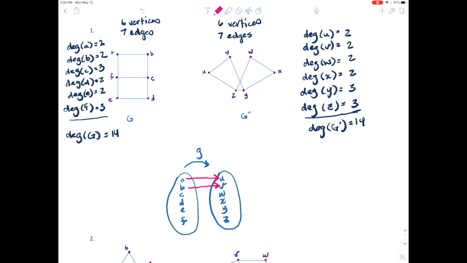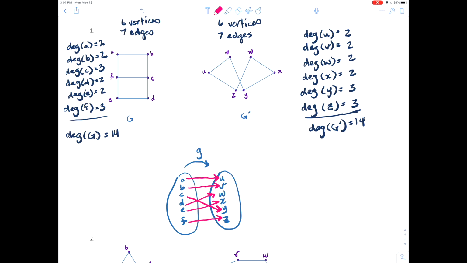And then what about C? C has a degree of 3. W has a degree of 2, so we'll definitely have to figure out some other situation here. So I'm thinking that C could correspond to Y because Y also has a degree of 3. And then D has a degree of 2, so we could have D correspond to W. E and X both have degree 2, and then F and Z both have degree 3.